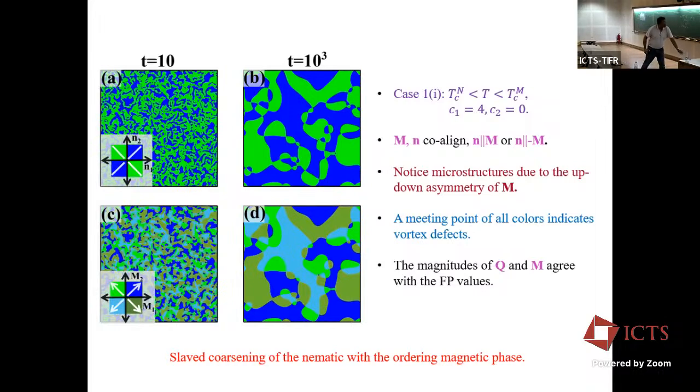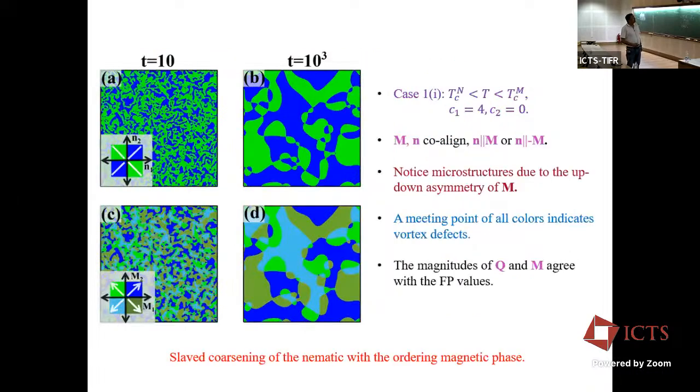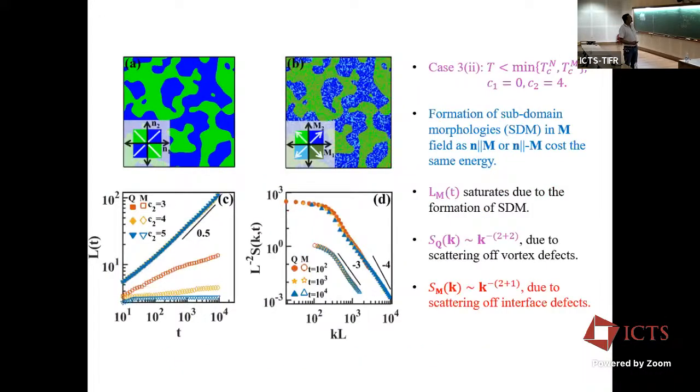One thing I want to emphasize is the following, and I'm just going to do it in the context of the next slide. We get what are called subdomain morphologies. What are subdomain morphologies? Because N is equally happy pointing parallel to M or anti-parallel to M. Well, and N has an up-down symmetry. So basically, what happens is the following: you get these domains of order.